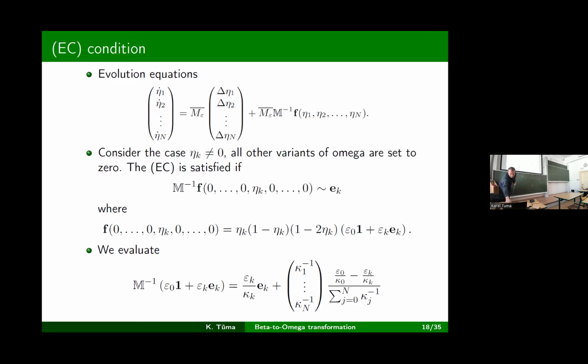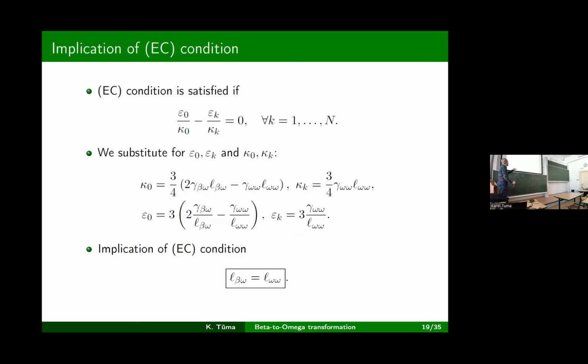So we want epsilon 0 over kappa 0 to equal epsilon k divided by kappa k. If we substitute the relation between the kappas, epsilons, and the interface energy densities and thicknesses, we get that to satisfy the evolutionary consistency condition, the thickness parameters have to be the same, all of them.